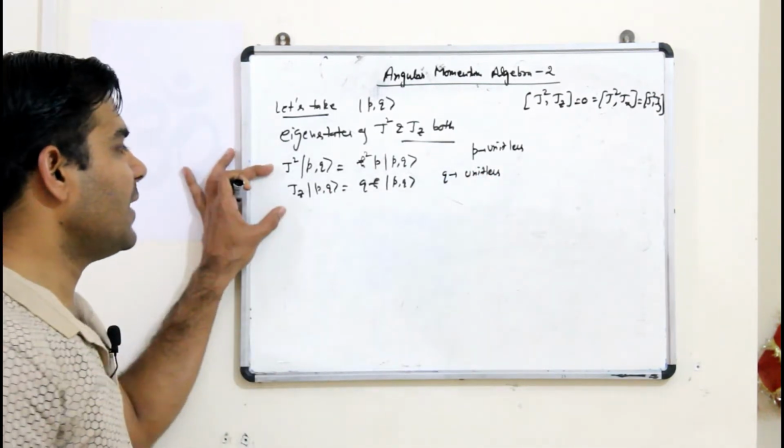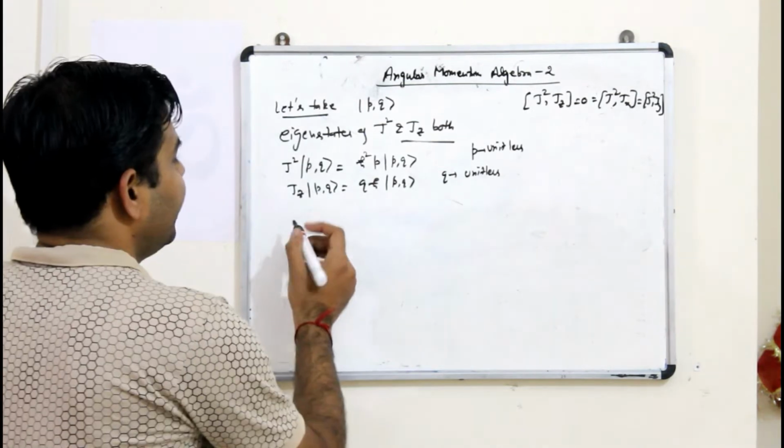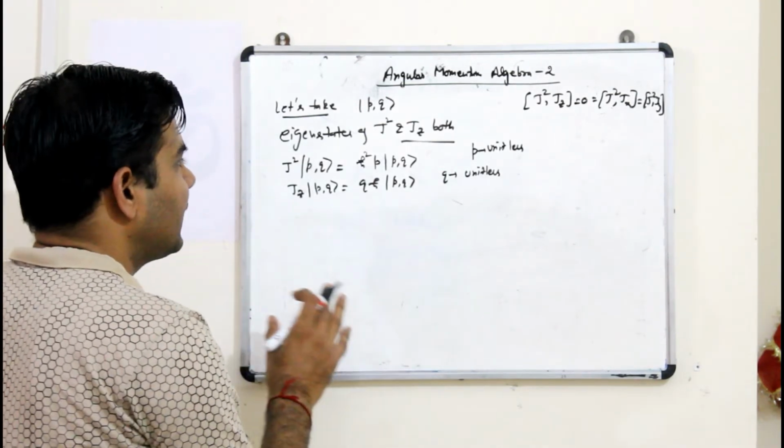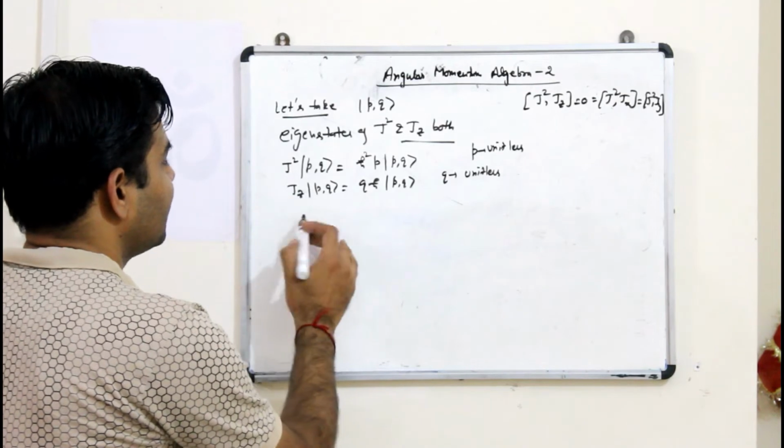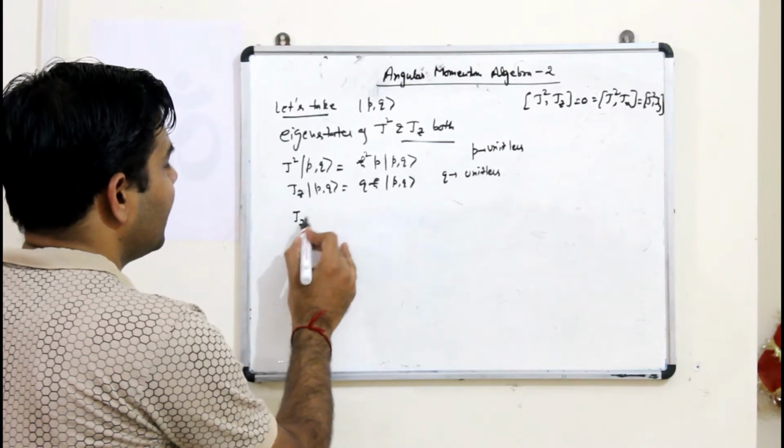Okay, now once we have defined the action of J square and Jz, let's see what the action of J plus is on this state. For that we'll use a technique.